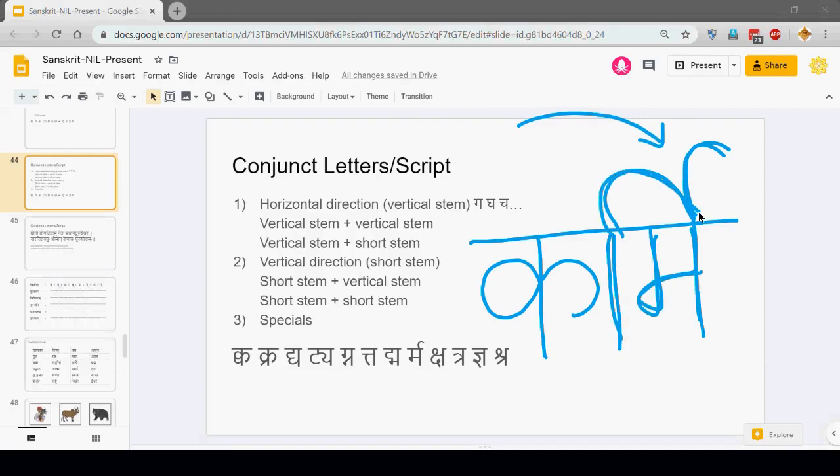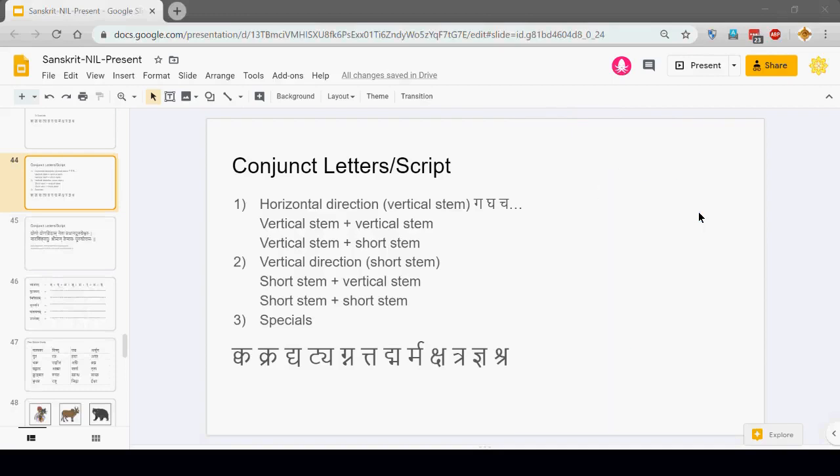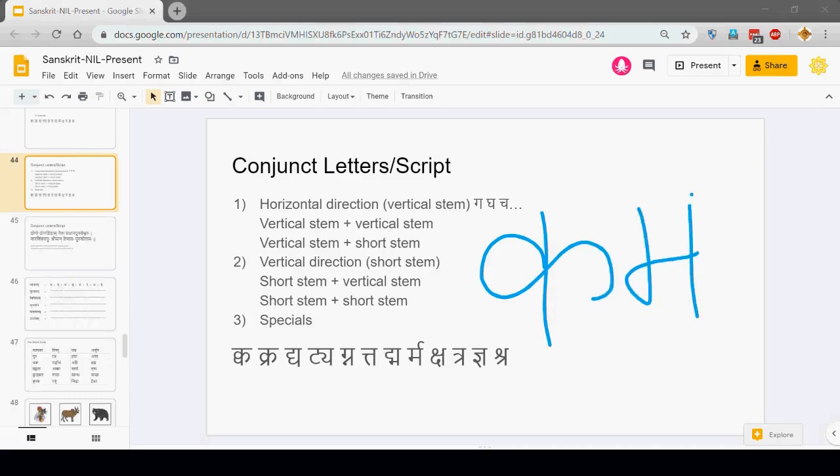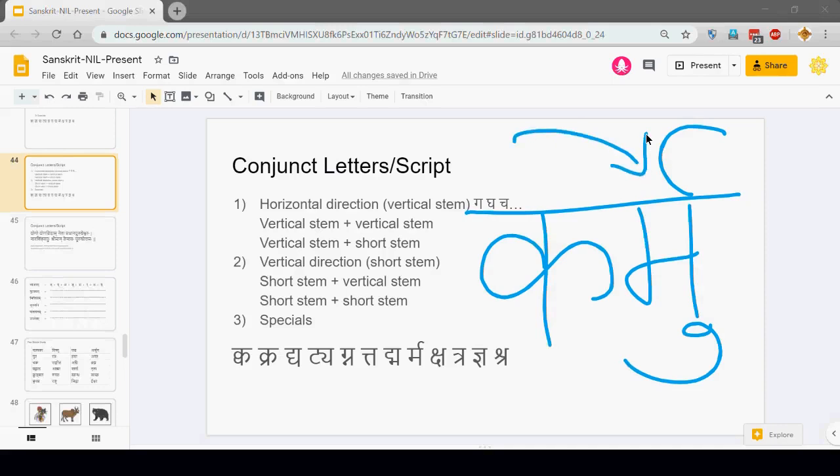The E part is pronounced later, karmi. Same thing with karmo. Go from top to bottom for the consonants and then pronounce the vowel sound later.